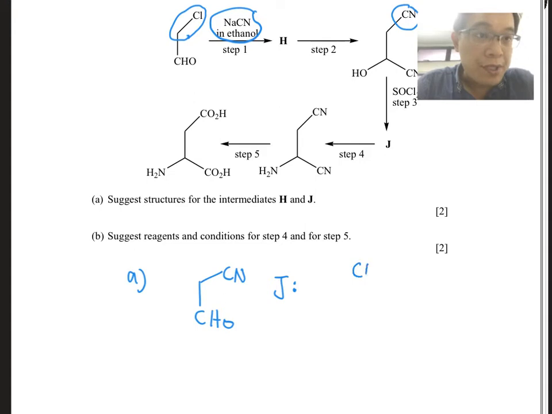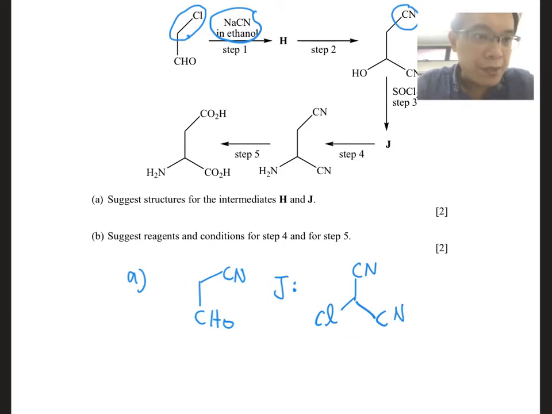So I'm going to draw Cl, followed by the CN group. Okay, I got one carbon missing, so let me change it to become a CN. This is how the molecule should look like. This is compound J, followed by compound H. So we're done.